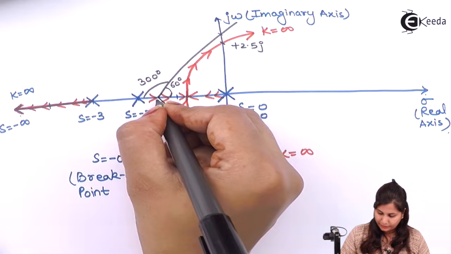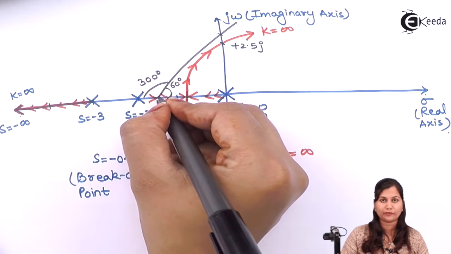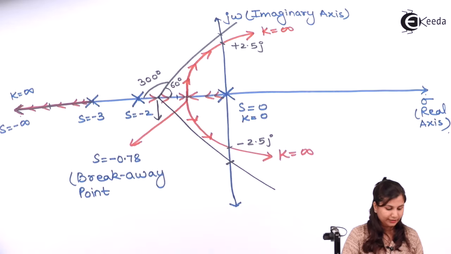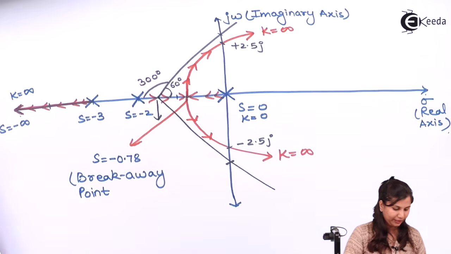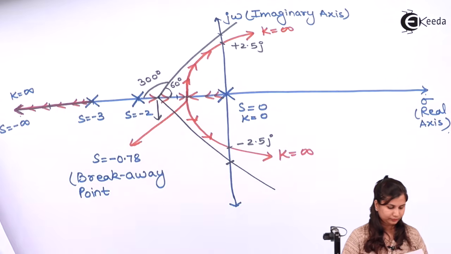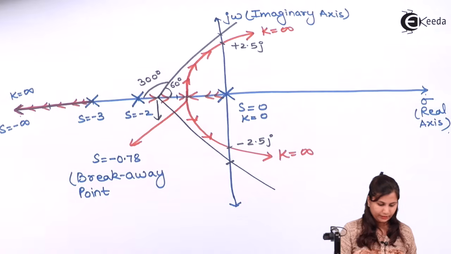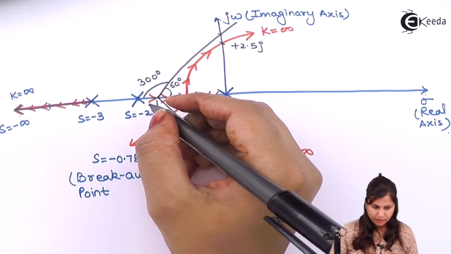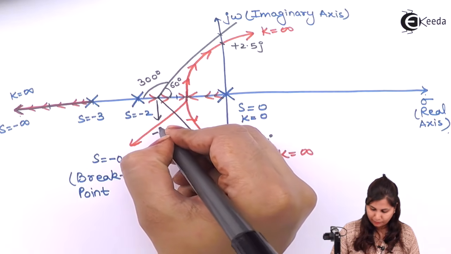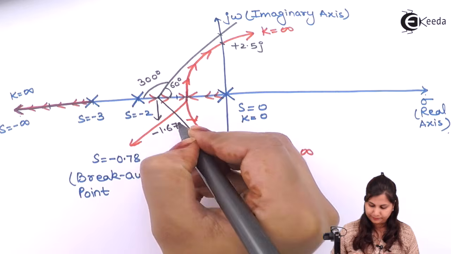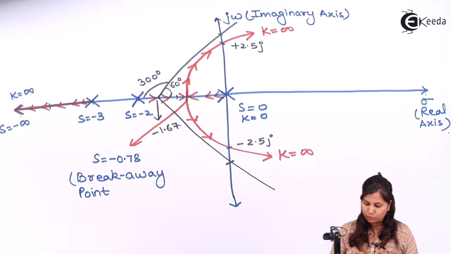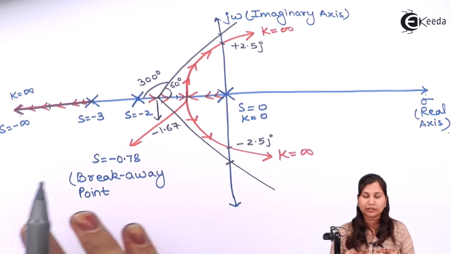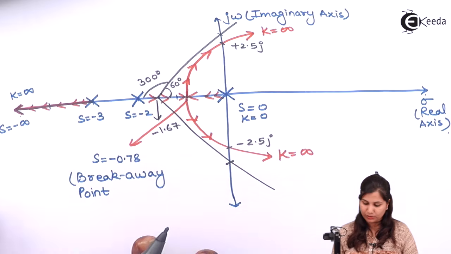And this point, that is the intersection of the asymptote with the real axis, this point we have obtained in our step. So it was minus 1.67. Okay. So root locus we have plotted, we have completely sketched the root locus.